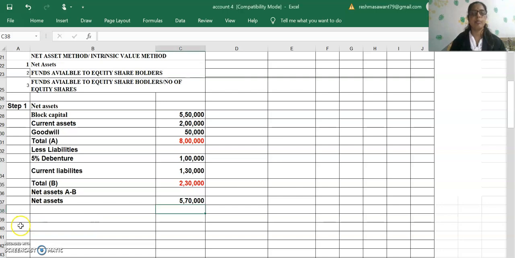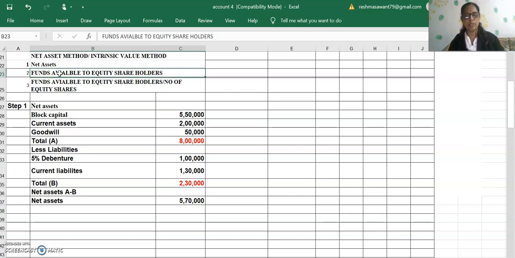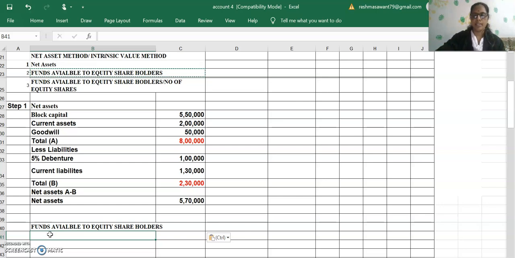Then calculate step 2, funds available to equity shareholders. Funds available to equity shareholders, with the formula net asset less preference share capital.